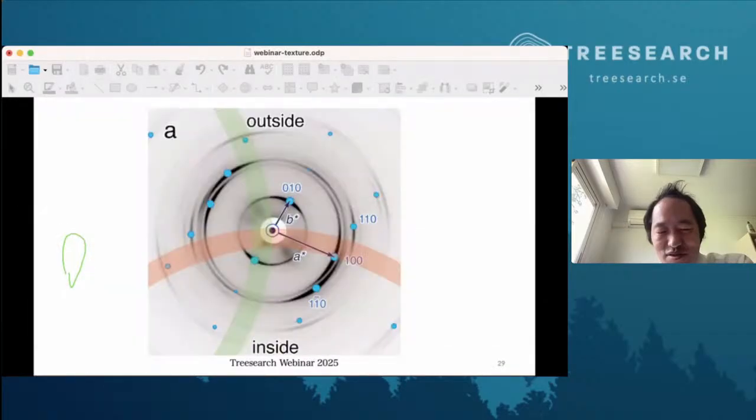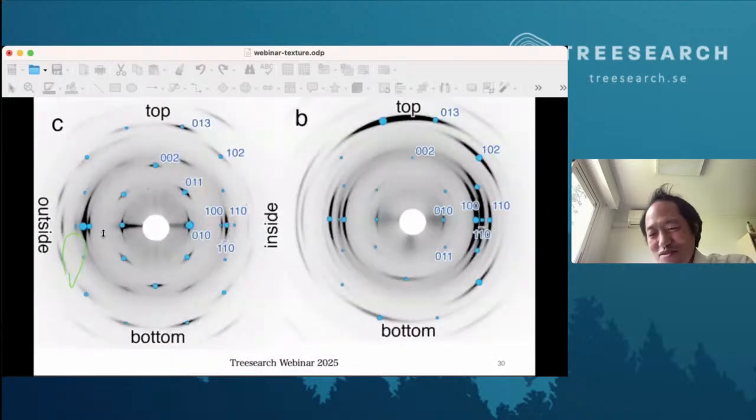Now if we shine X-ray from this direction, we have an Ewald sphere which looks like this red one. If we shine X-ray from this direction, you have an Ewald sphere like this. So please remember that here you have a strong pattern, here you have a strong pattern, okay? And now you see the pattern when we have the X-ray parallel to the membrane, and this is perpendicular to the membrane.